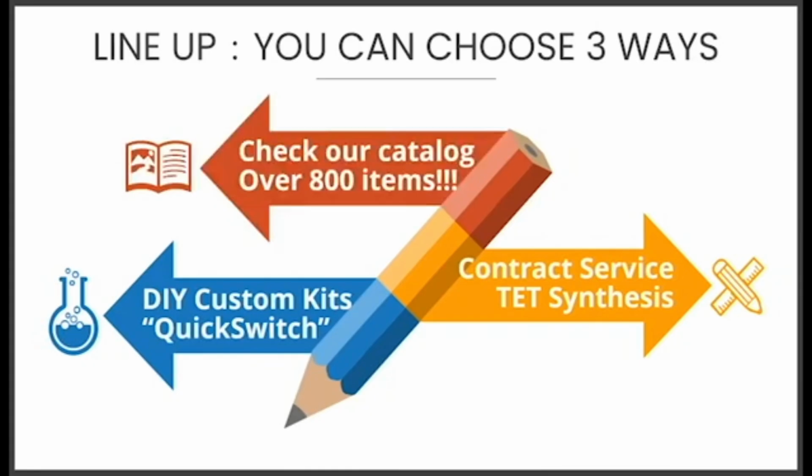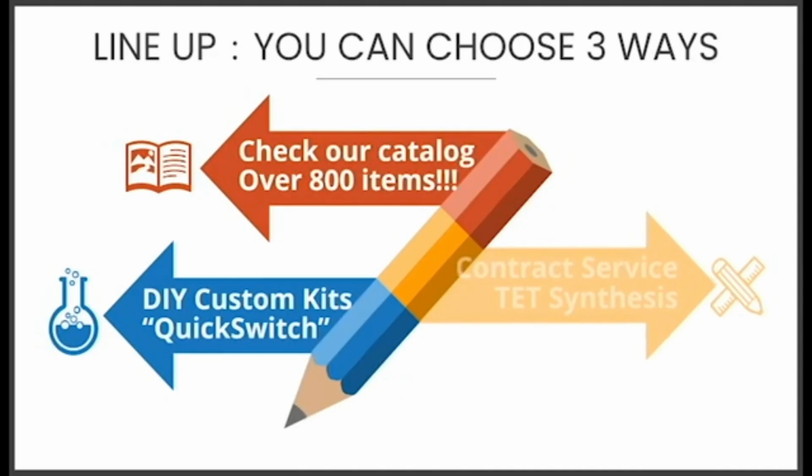First, you can search for the tetramer of interest on our website or in one of our brochures. If you are unable to find the tetramers you are interested in, you can place an order through our made-to-order service for tetramer synthesis. Additionally, you can build your own tetramer using our new do-it-yourself custom tetramer preparation kit, Quick Switch. Now you can construct any MHC tetramer that you want in your own laboratory.